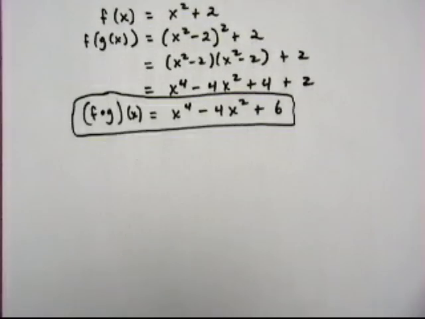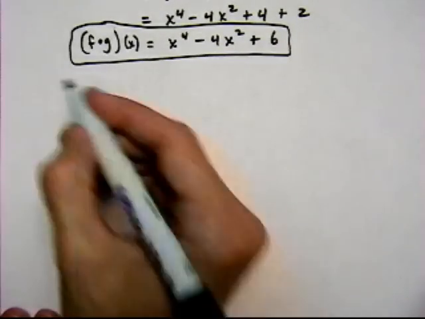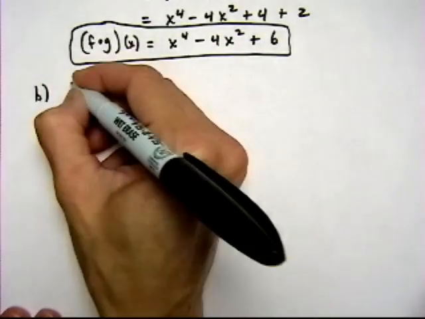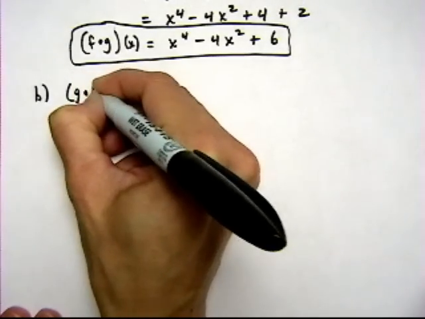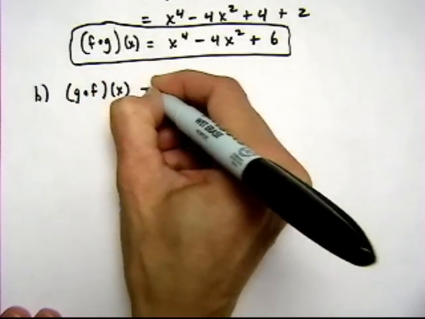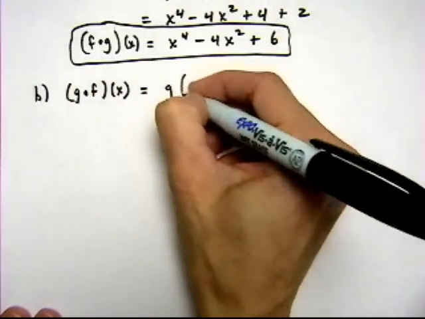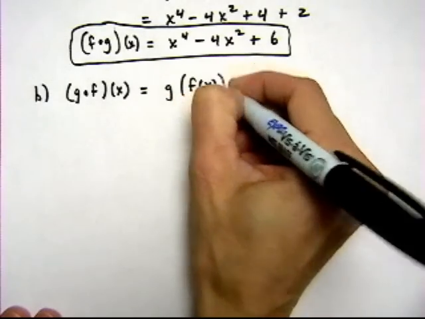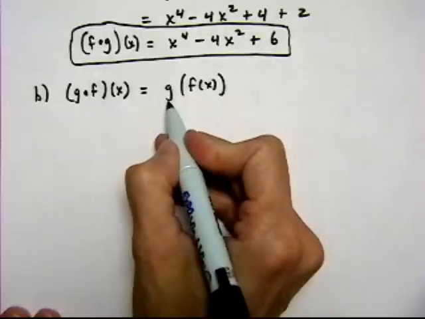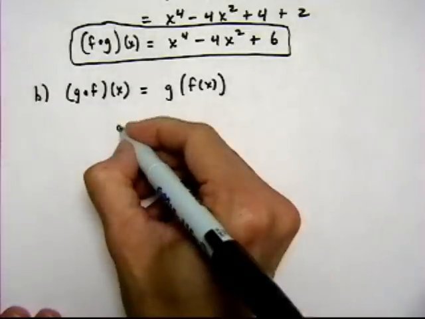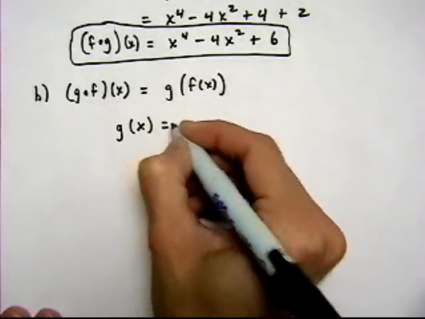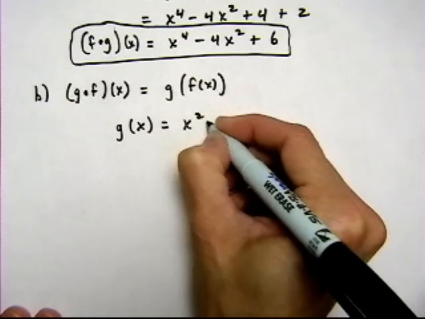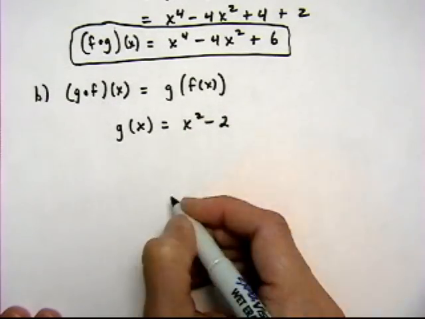In part B, we're instead going to find g of f of x. So that means we want to use f as the input for g. So again, we start with the first function and look at what that equals. g of x equals x squared minus 2.